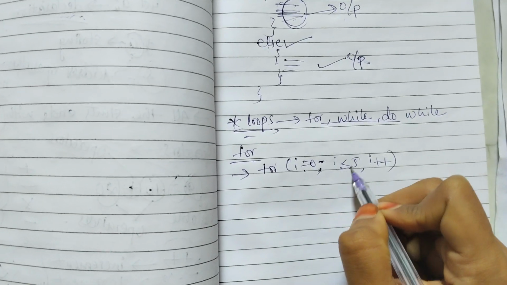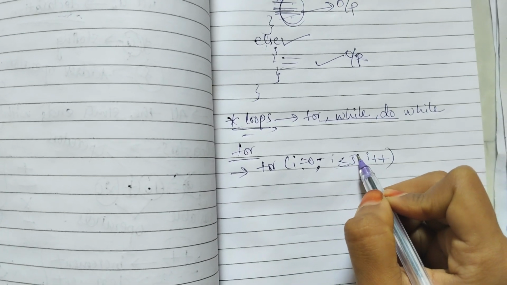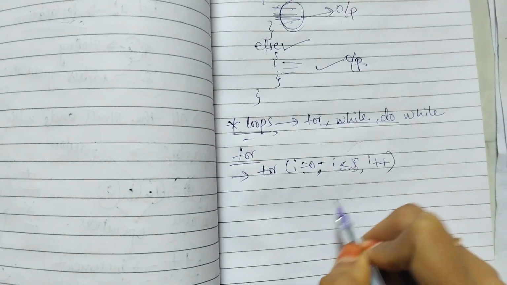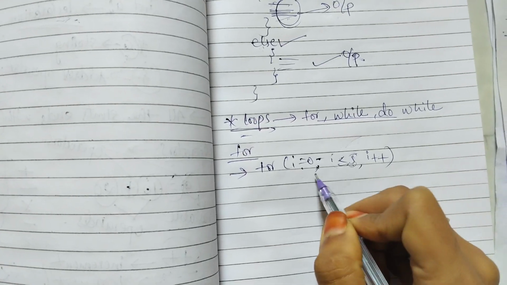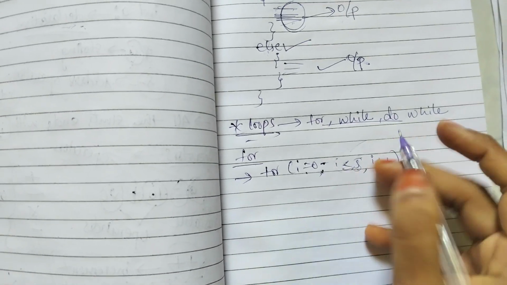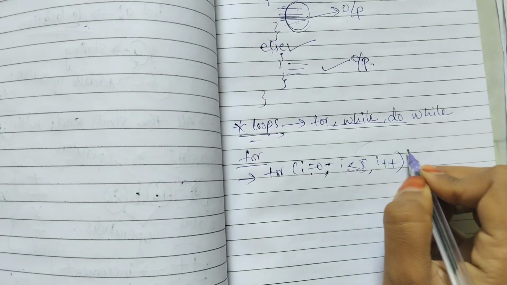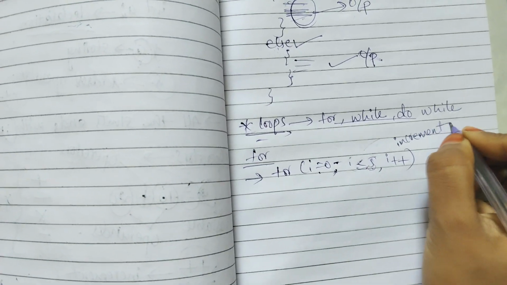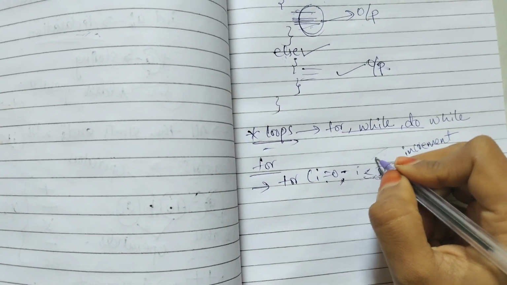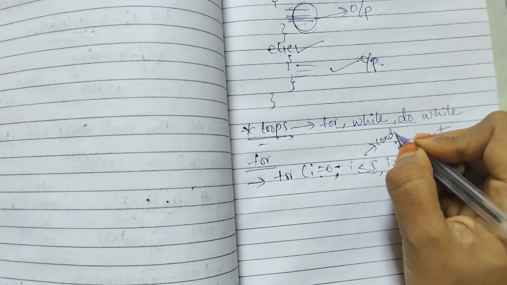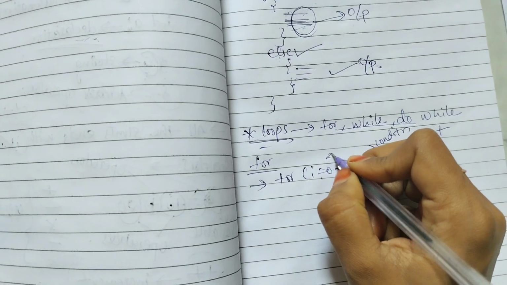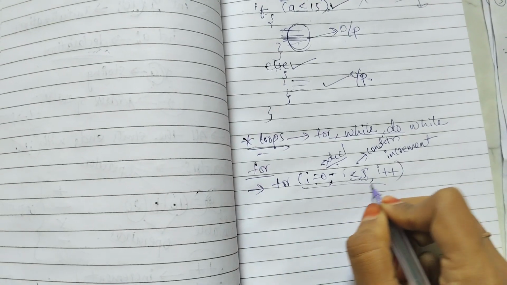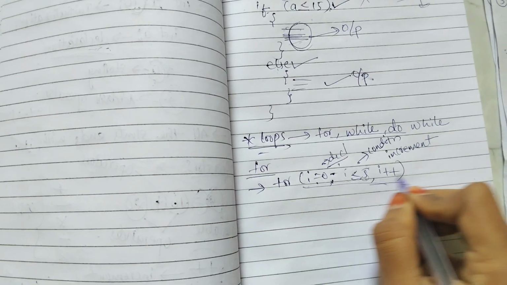If this is exceeded, the loop should exit automatically. And i++ increments i. These three steps can be done in a single line.